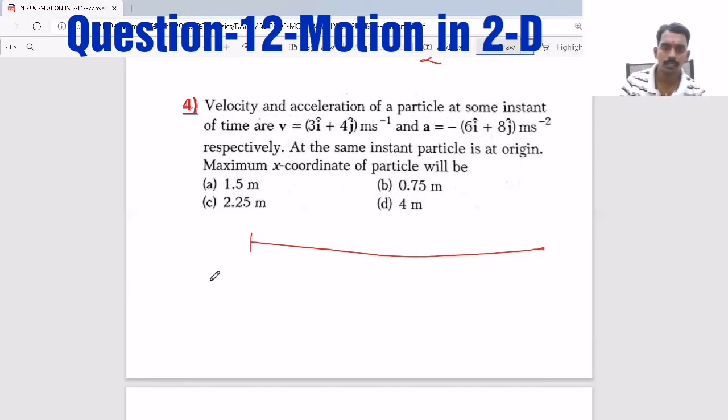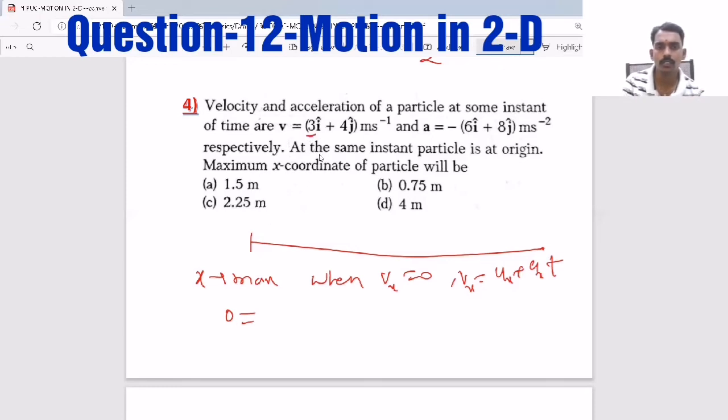That means x coordinate becomes maximum when x velocity becomes 0. So what is the x velocity formula? ux plus ax into t. vx should be 0. ux here is 3, plus ax is 6 but minus.